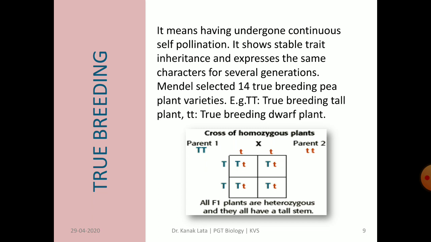So, Mendel selected 14 true breeding pea plants. Why? Because there are 7 pairs of contrasting characters, so 7 multiplied by 2 gives 14 true breeding pea plants. For example, a true breeding tall plant and a true breeding short plant. They are also called homozygous. In this figure, the cross of homozygous plants, that is true breeding plants, is shown.